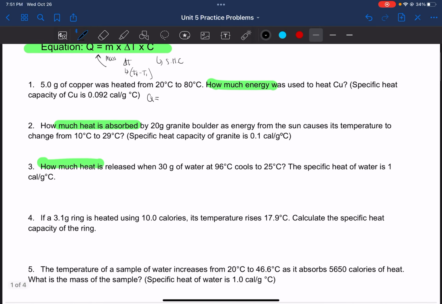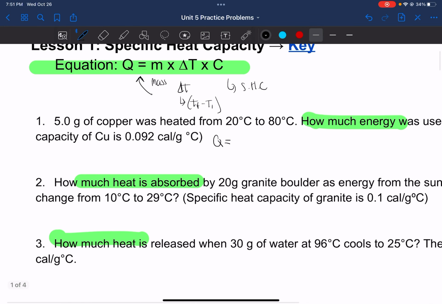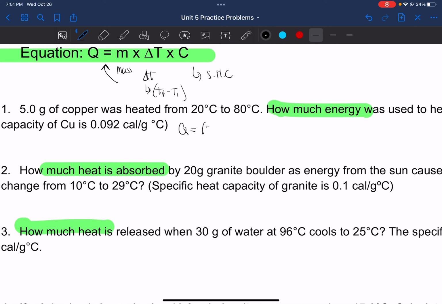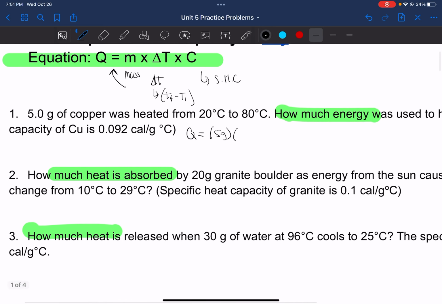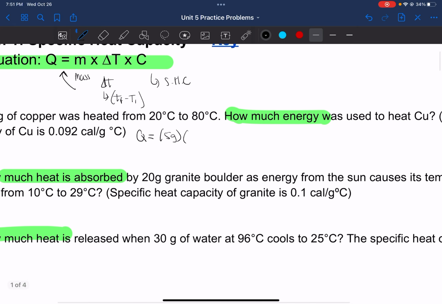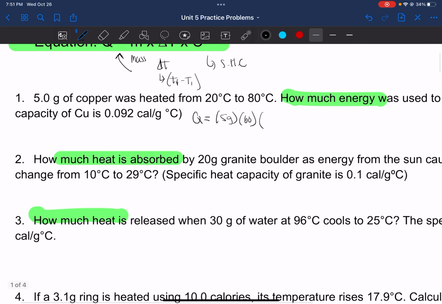Alright. So for this would be Q equals the mass, which is 5 grams. The delta T is 80 minus 20, which is 60. And then the heat capacity, which is 0.092.